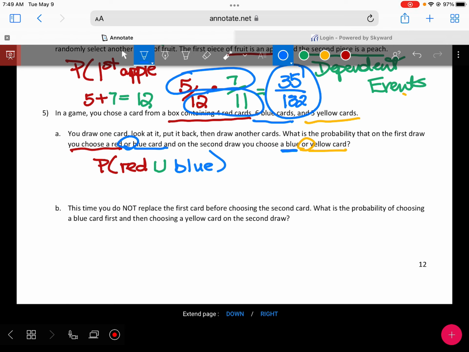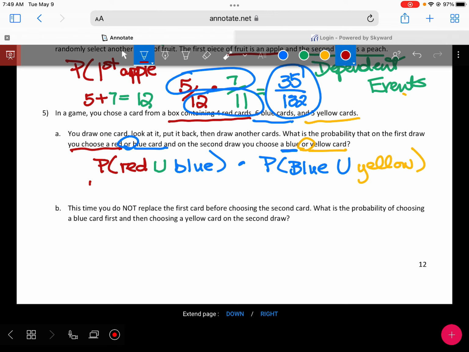And on the second draw, we choose a blue or a yellow. Okay, so remember, the or, we want everyone to join. This is going to be the probability of blue or yellow. So the ors, we want everyone to join.